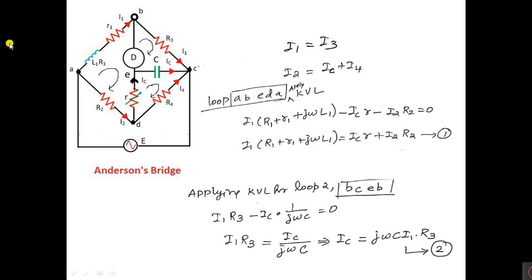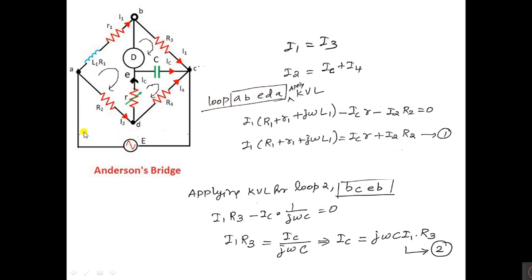Similarly, a resistance R2 is connected in arm A to D, and in arm 4, a resistance R4 is connected. This R4 is shunted with a series combination of the standard variable resistance R and the capacitance C, as shown in this figure. The AC voltage is applied across the terminals A and C.